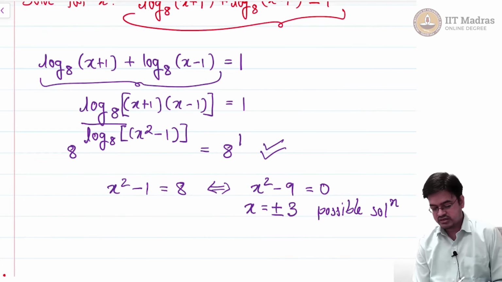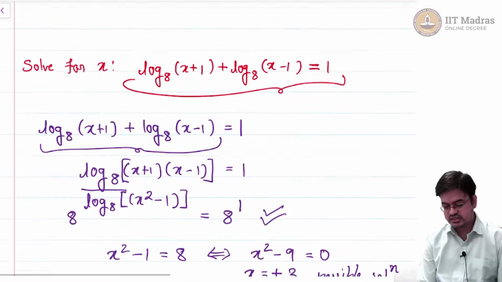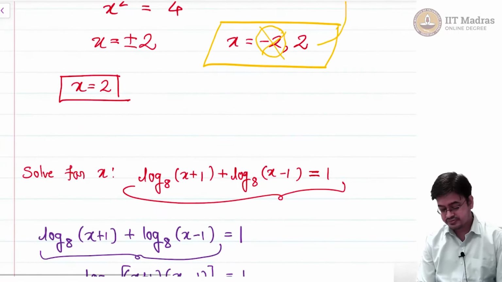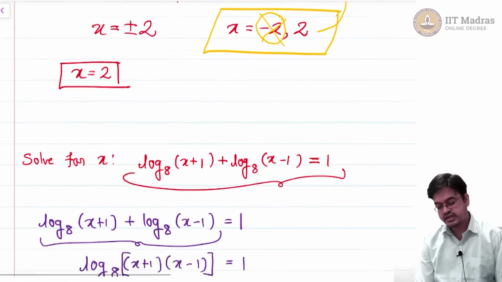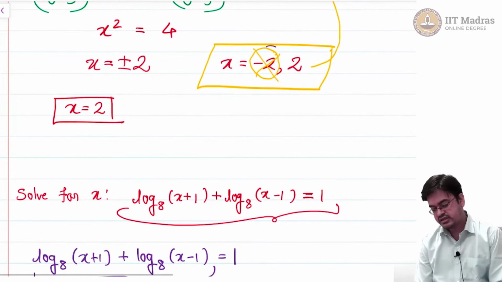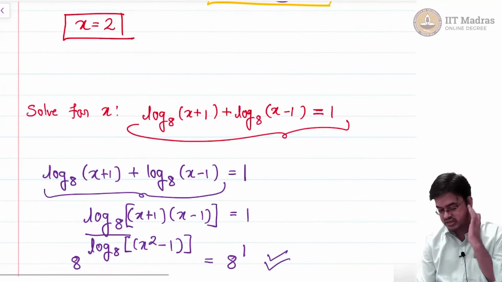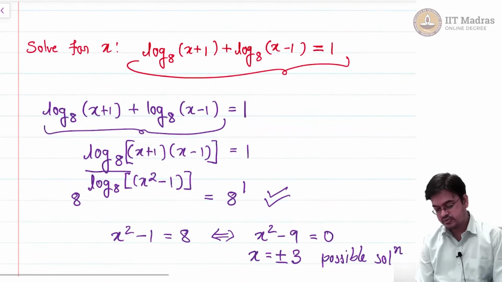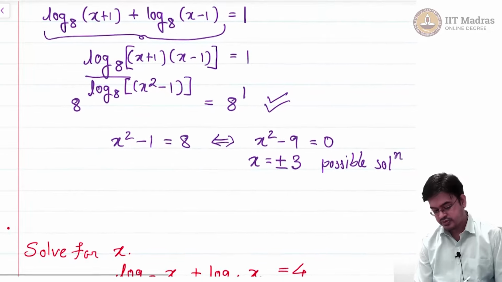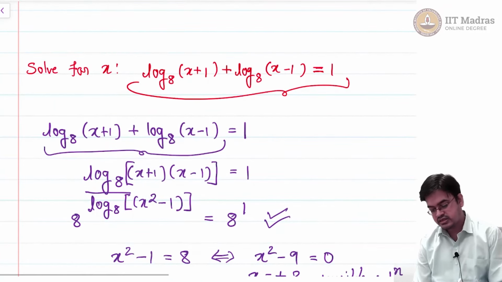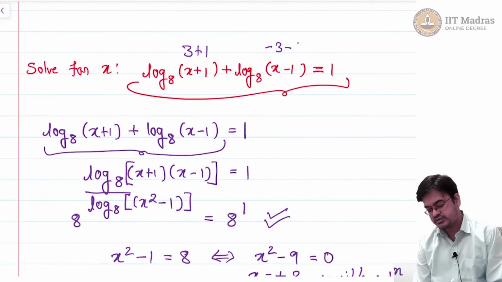Now, in the earlier case, when x is equal to plus or minus 3, are both of them solutions? For example, in the earlier case minus 2 was eliminated. So here also you need to do a similar check. If you put x is equal to plus 3, then what will happen? This is 3 plus 1, 4, and 3 minus 1, which is 2, and therefore it is a valid expression.